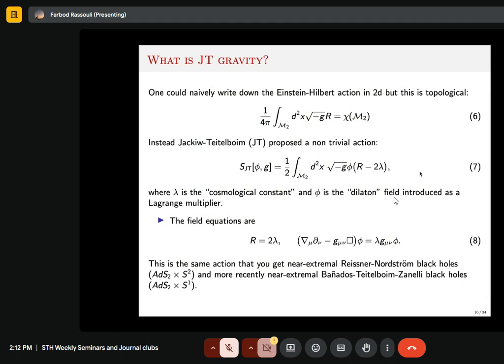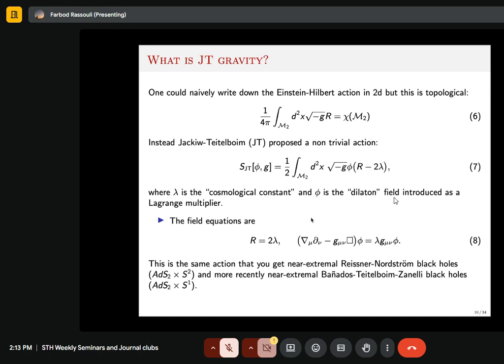For JT gravity, you could write the Einstein-Hilbert action directly and say this is GR, but it's not. It's topological: it's the Euler characteristic, as you can see. So Jackiw and Teitelboim proposed a non-trivial action, which is this one, with the dilaton, which we call φ, and a cosmological constant λ. I want to emphasize that the cosmological constant, as you can see from the field equation, sets up the space-time, R equal to λ, maximally symmetric.